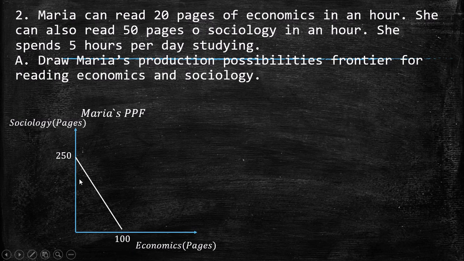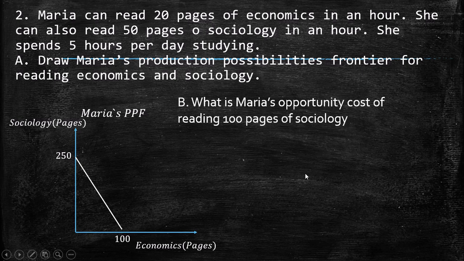On the other side, because she reads sociology faster, she can read 250 pages of sociology in 5 hours. These are the extreme values. So the question is, draw Maria's production possibilities frontier for reading economics and sociology.